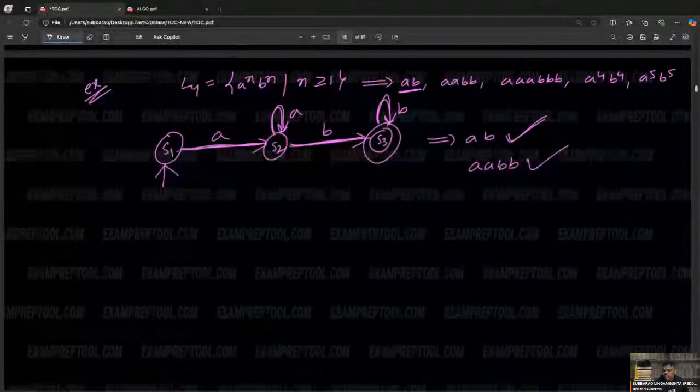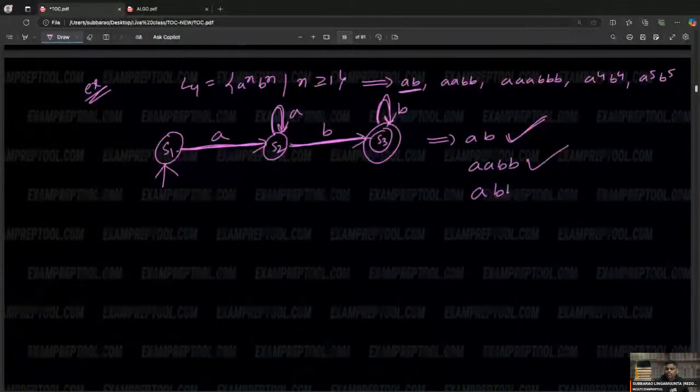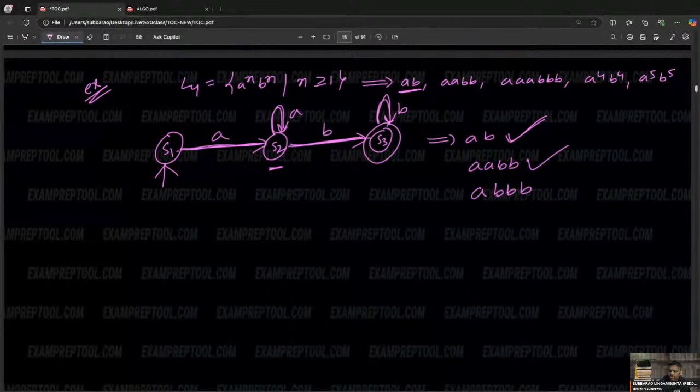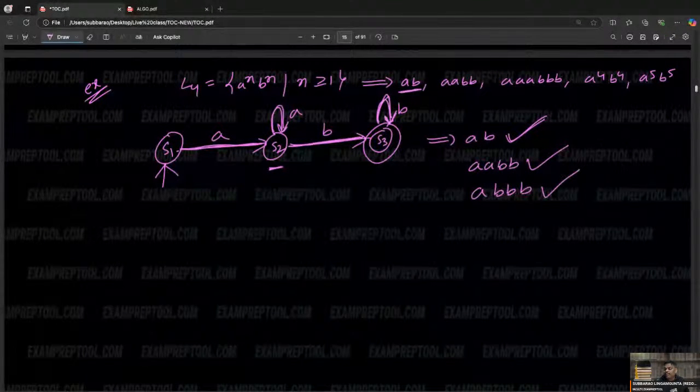But see the problem with this machine. The problem is that A triple B is also accepted. How? From S1, single A takes you to S2. On S2, B takes you to the next state, and any number of B's I can accept. It is also accepting, but in our language, single A, triple B is not available.